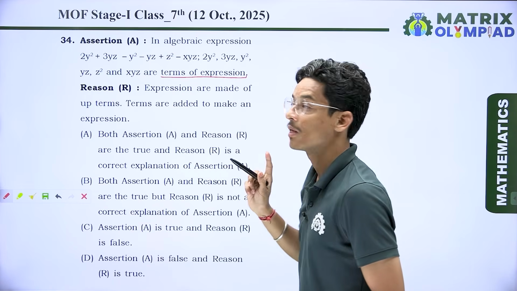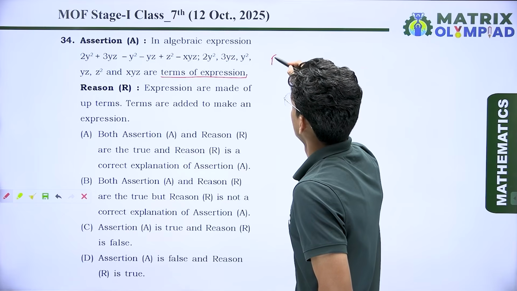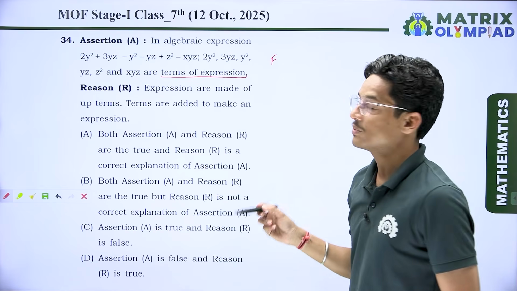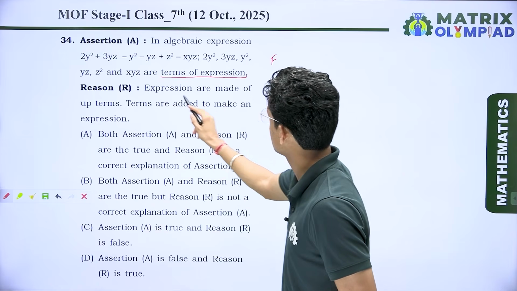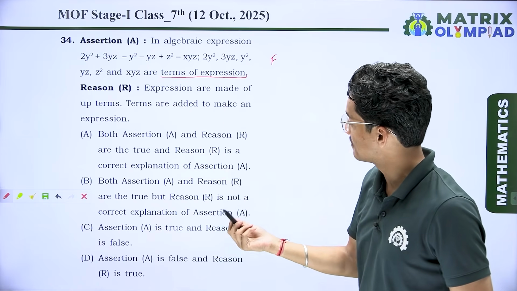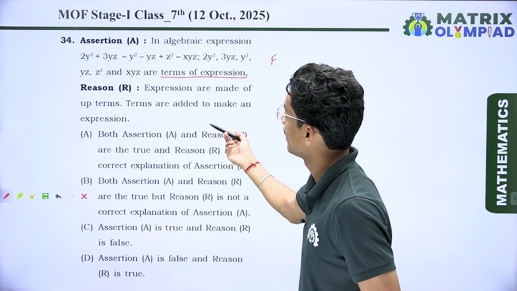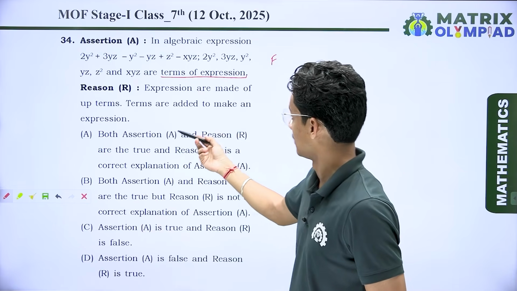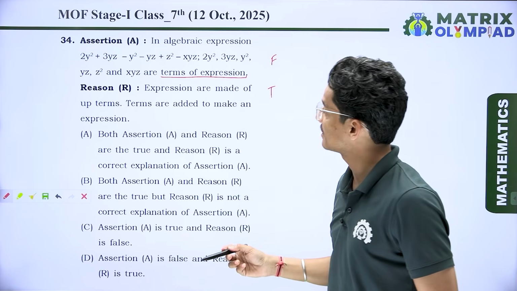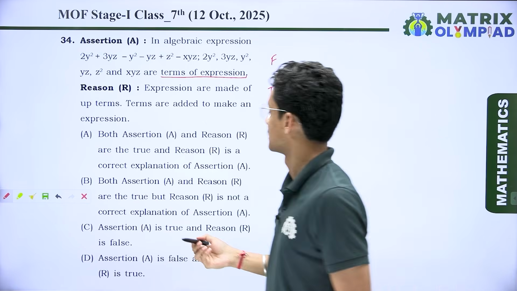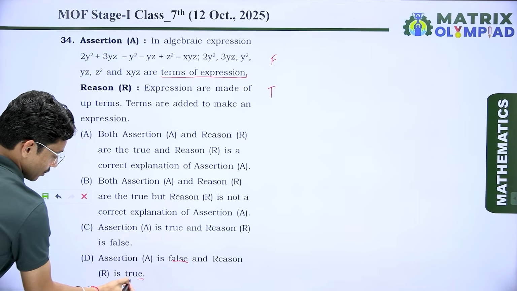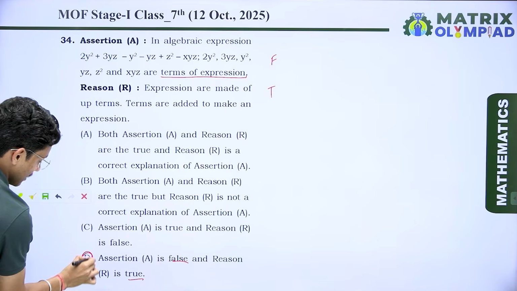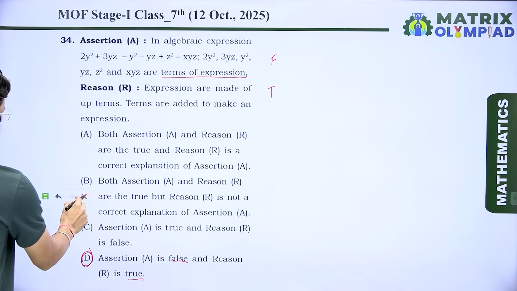This one is false, because in algebraic expressions terms also include the negative sign. The reason is: expressions are made up of terms, and terms are added to make an expression. This one is true. It means the assertion is false and the reason is true. So option D is the correct answer here.